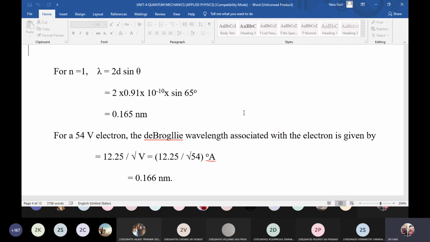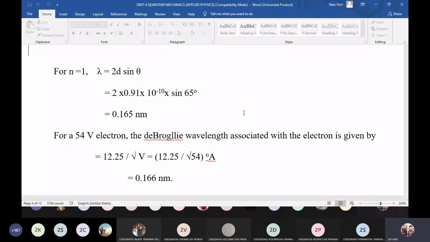These are the standard values you get in the online bits mode. Potential is important in both experiments, the potential values and formulas. Bragg's law is the formula in quantum mechanics to explain the wavelength of matter waves, 2d sin theta is equal to n lambda, and the de Broglie wavelength formula is 12.26 by root V.